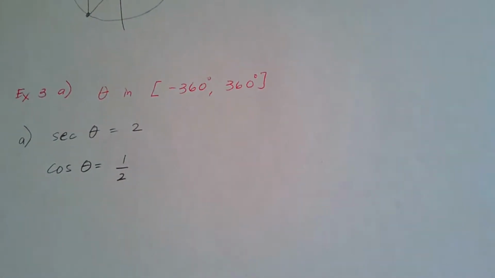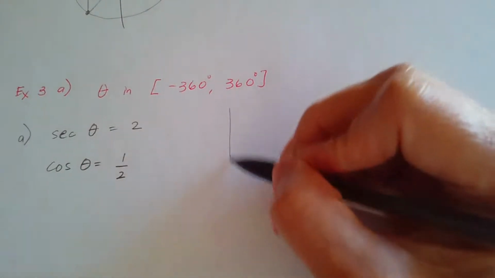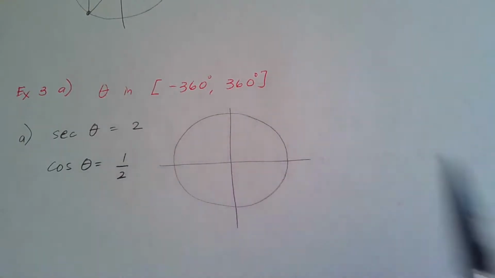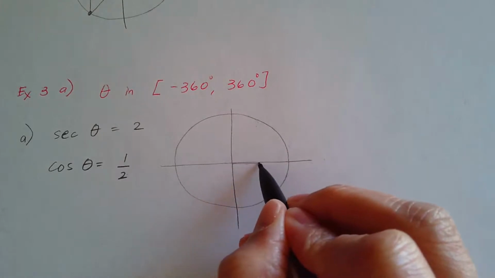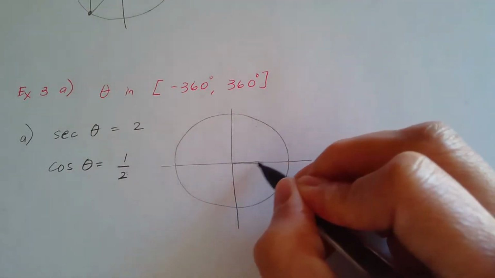So where is cosine of 1/2? Cosine is the x, so 1/2 along the x.